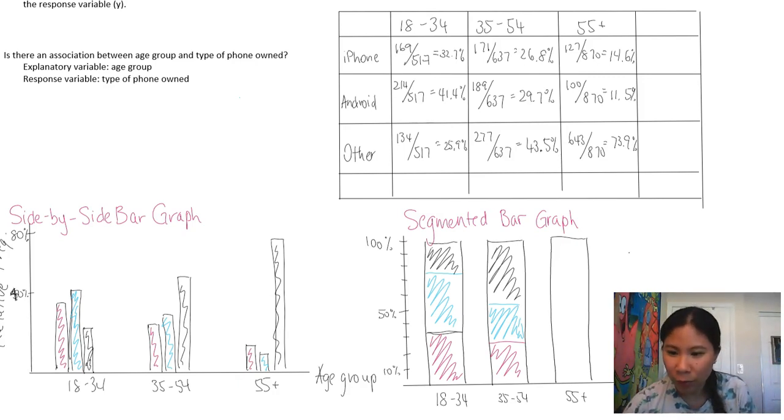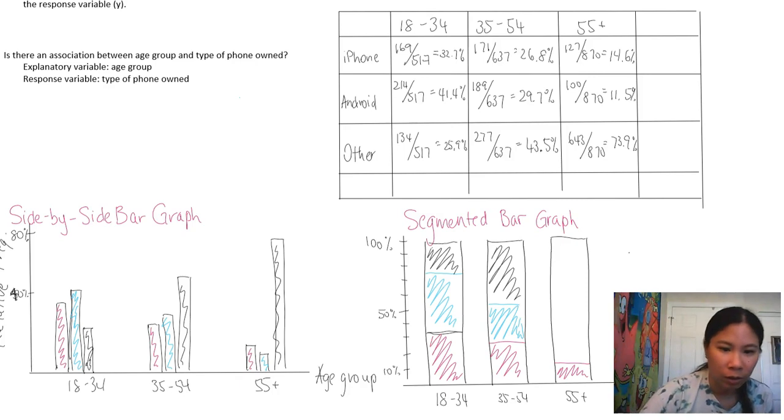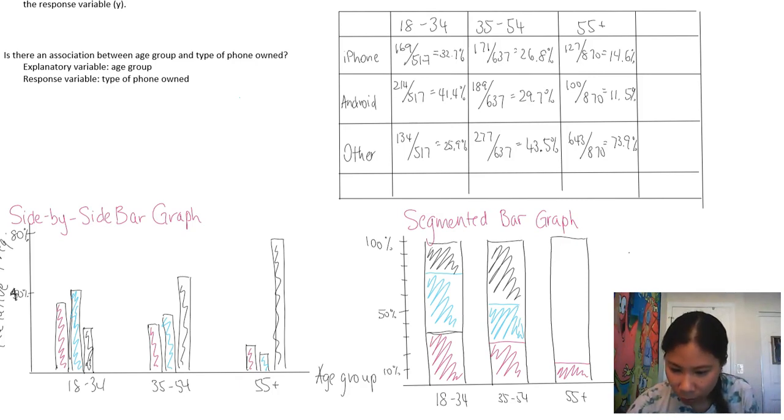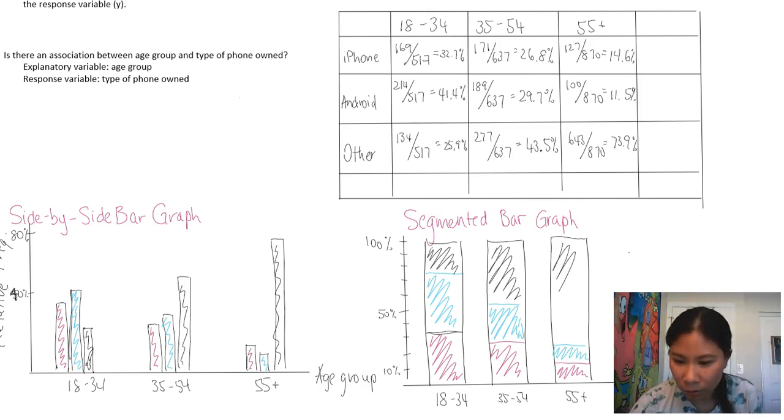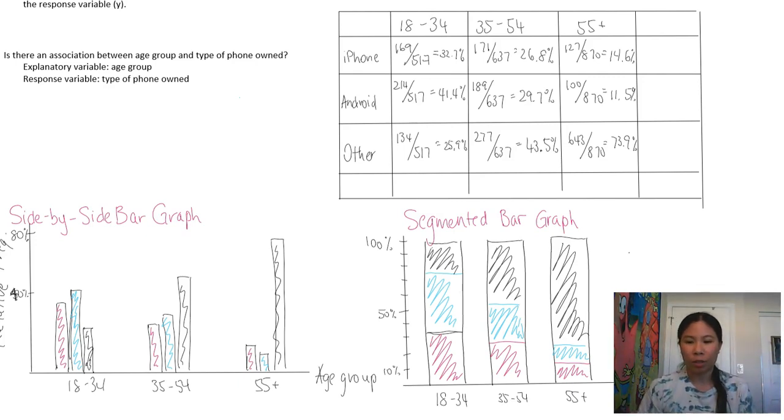And then lastly, with the 55 plus group, we've got not that many iPhone users, even fewer Android users, and then a whole bunch of others. Okay, so again, it's basically the same information, just a different way to display it. So these are the types that we want to focus on when we have two variables at a time.